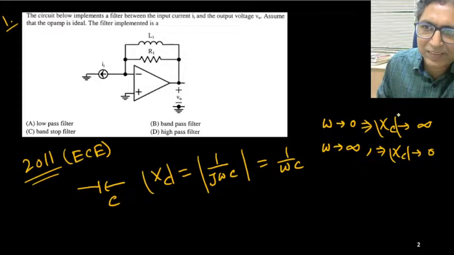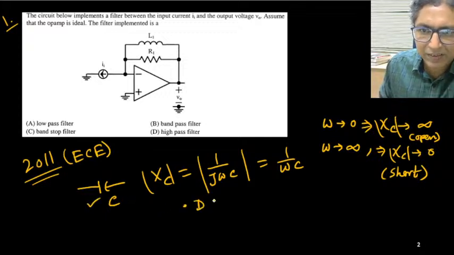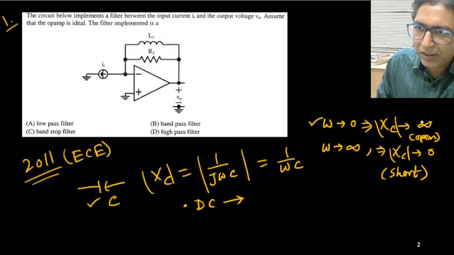And reactance infinite means high impedance offered, means open circuit. And when reactance offered is 0, that means it's short circuit. So in simple manner, for capacitor, in DC circuit, means low frequency, it will behave as open circuit.